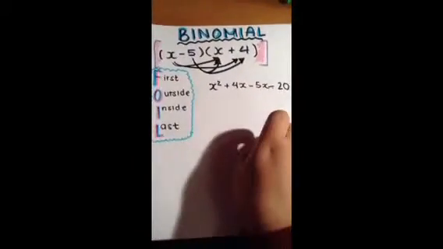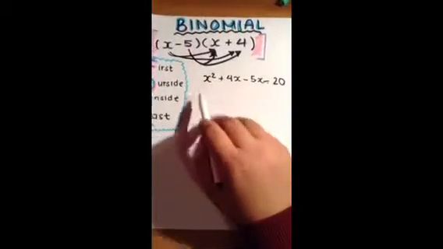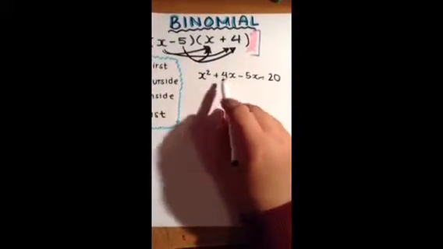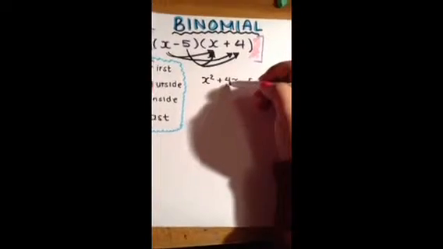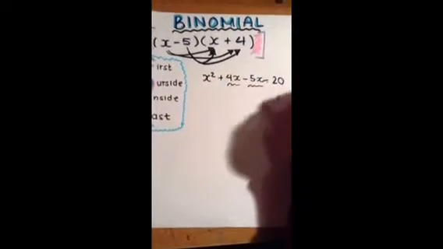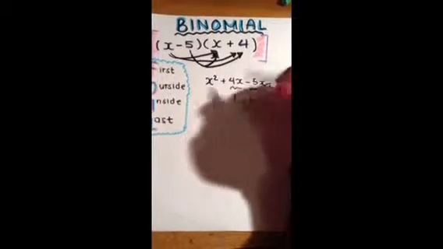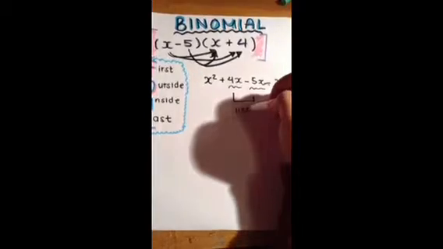Now that we have our expression, we're going to simplify it. As you can see, these two terms both have the same variable, so these would be considered like terms.